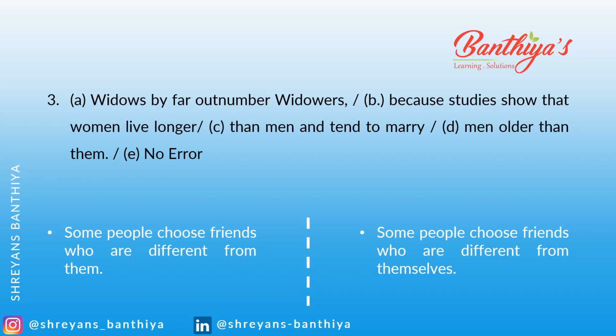That is, themselves is used. That is, if I have to choose a friend, then I will choose a friend who is different from me. I hope guys that you have understood the difference between a reflexive pronoun and a pronoun and its functioning in the sentence. It changes entirely the meaning of the sentence, and here replace them with themselves and it will make the sentence correct.